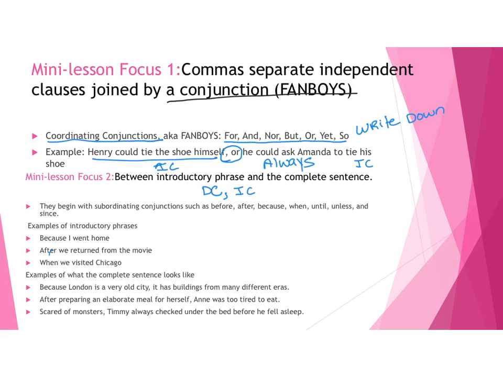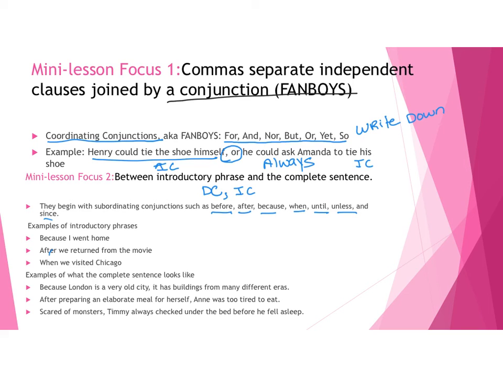Some ways that the subordinating conjunctions start that sentence are words like before, after, because, when, until, unless, since. These are words that don't complete the thought. So if you have started a sentence with a word that doesn't complete the thought, that's a fragment.